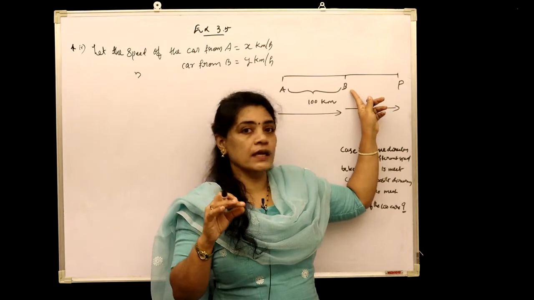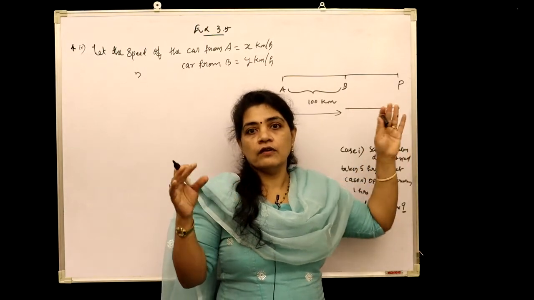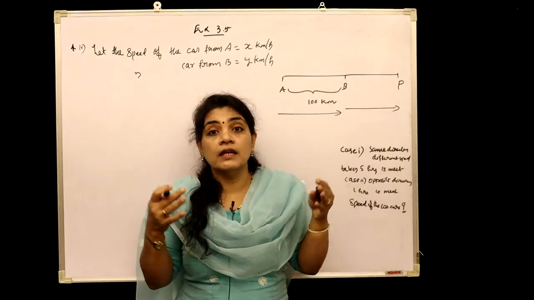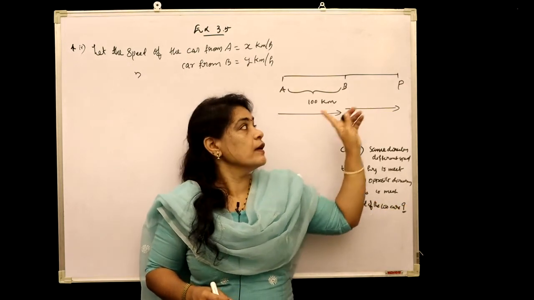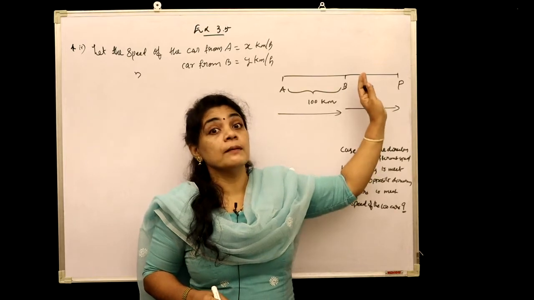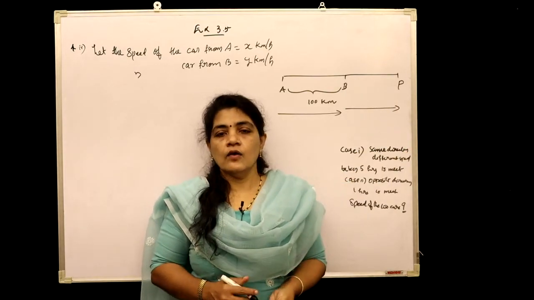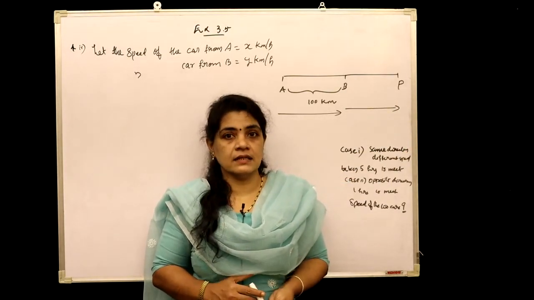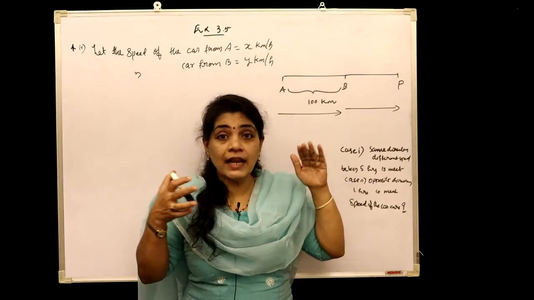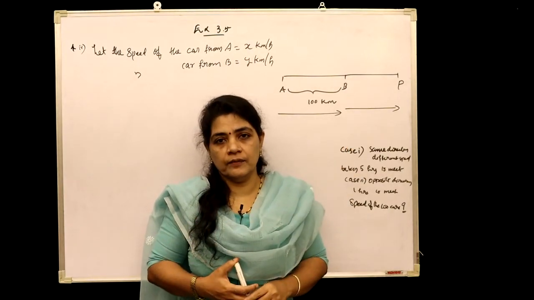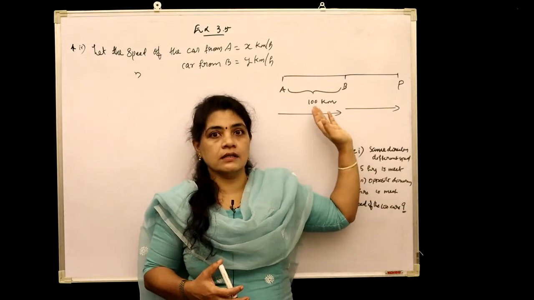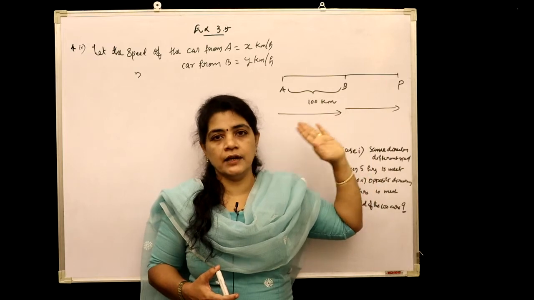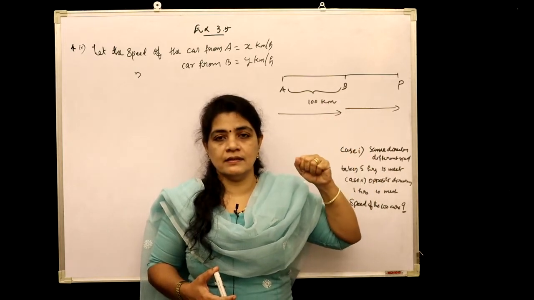Here also B, that is also 5 hours. After 5 hours, they meet together and they are moving in the same direction. That is why I marked P after B. The distance between A and B, 100, is given, and the time traveled by both cars is the same, 5, but at different speeds.